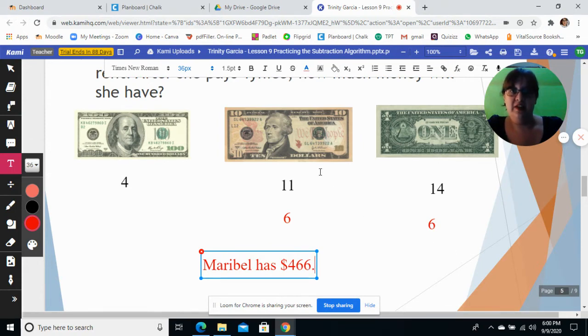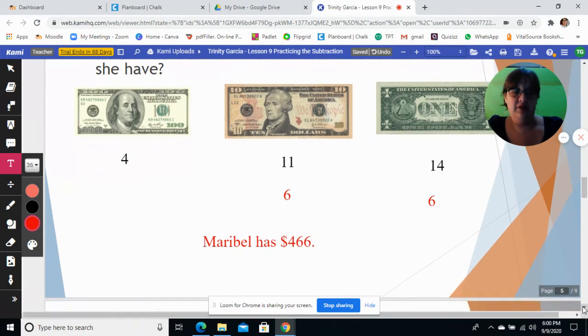All right, so that's how we use our money to help us think about place value and how to do a subtraction problem that's not quite as easy as a basic subtraction problem. Okay, so now we see that Maribel has $466. All right, we're going to go ahead and move on to our next part of our lesson.